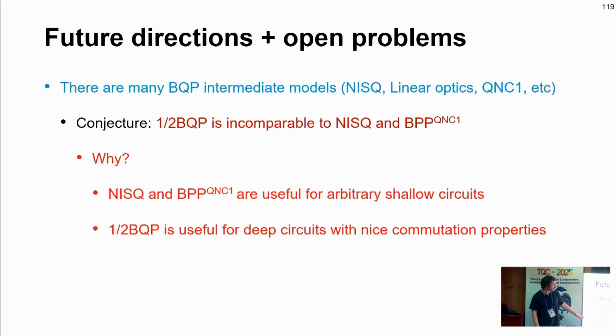Whereas half BQP, since it can simulate DQC1, which can do trace estimation even on polynomial depth circuits, is more powerful in the deep circuit regime for trace estimation, or in a very specific setting where you can commute your X gates somewhere through the circuit, which seems very different than this setting with NISQ or with low-depth quantum circuits.